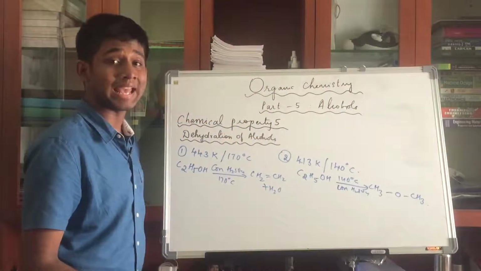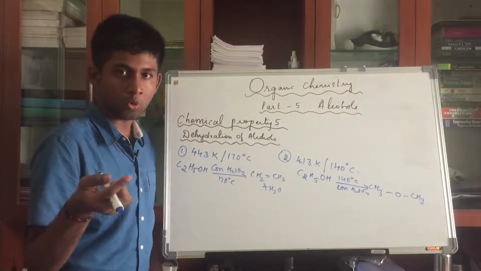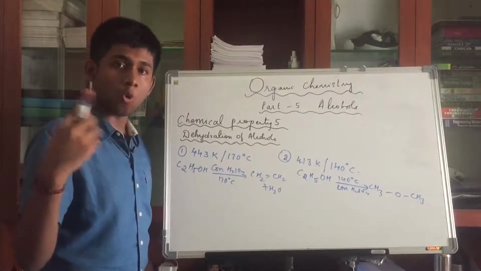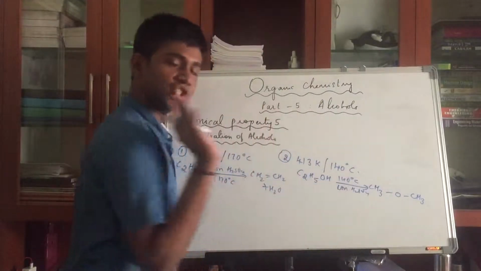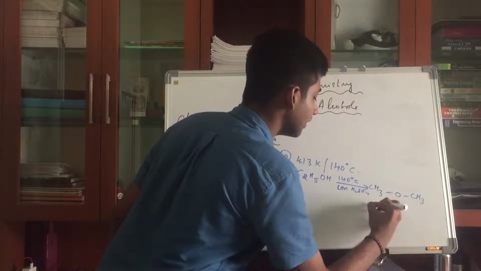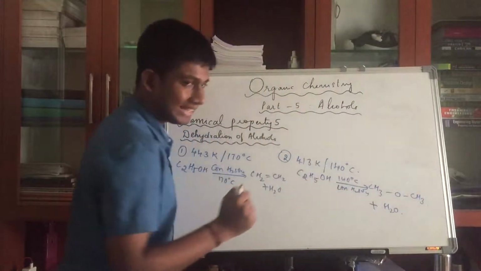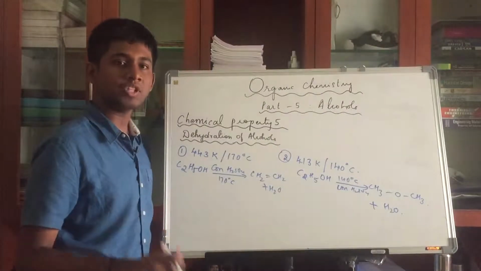This is supposed to be an ether, because as I've told you, a ketone has a C=O, an ester has COO, and an ether just has an O. Apart from that, you will get H2O, and the way you name this compound is dimethyl ether.